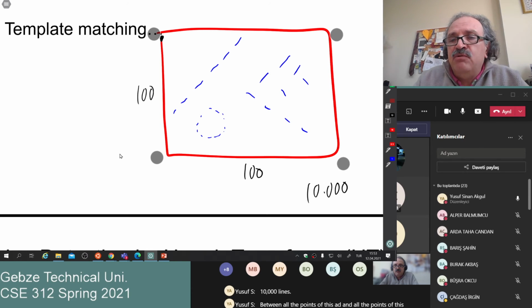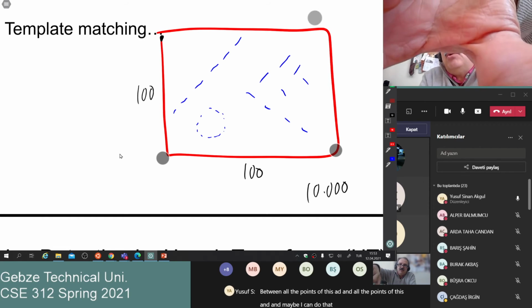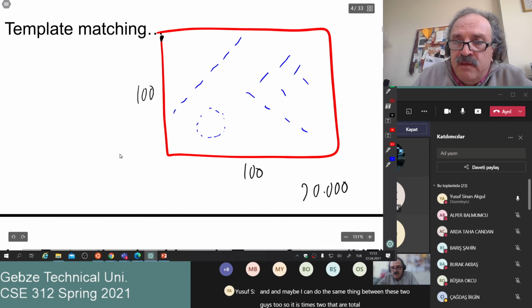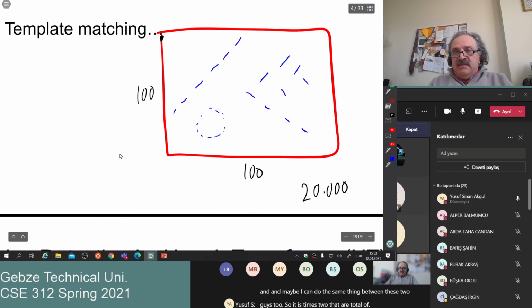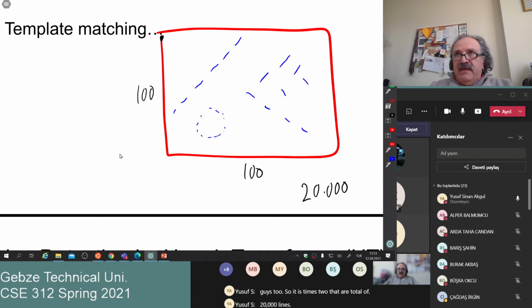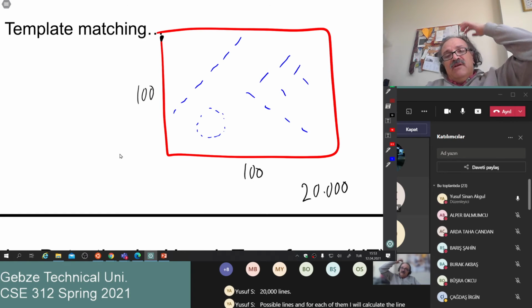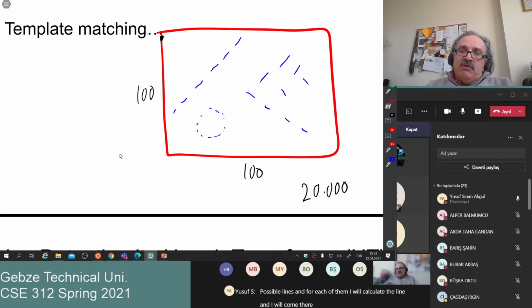And maybe I can do the same thing between these two lines too. So it is times 2, there are a total of 20,000 possible lines. And for each of them I will calculate the line and I will count the number of edges that correspond to that line, and I will say that okay, this line has enough number of edges on it, so it will be okay.